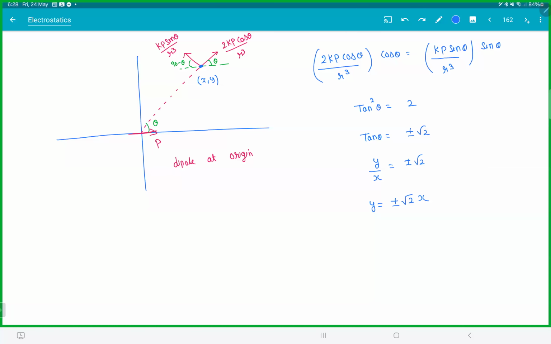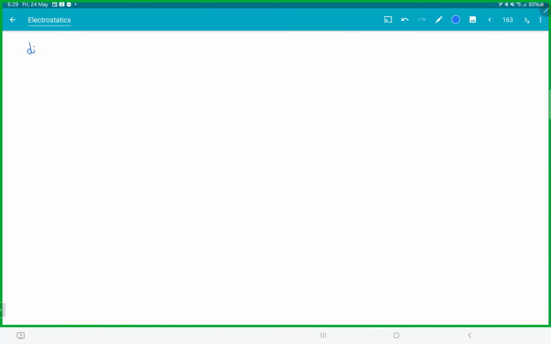And that's your locus. Next thing. Dipole in a uniform electric field.